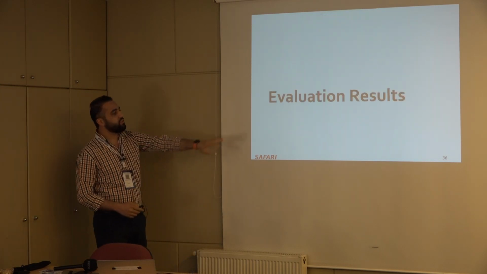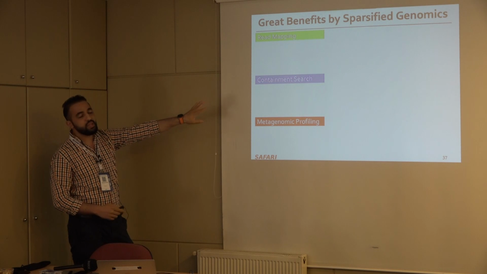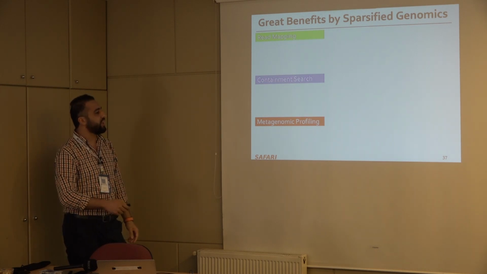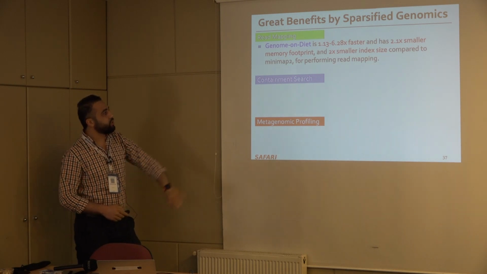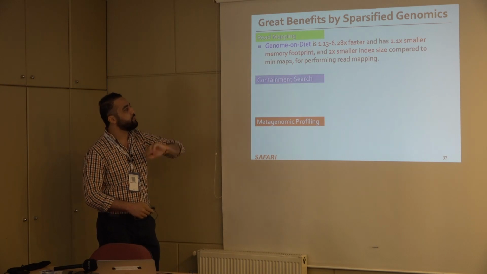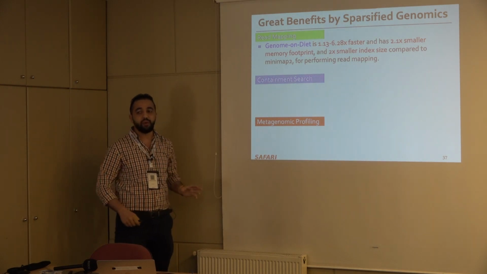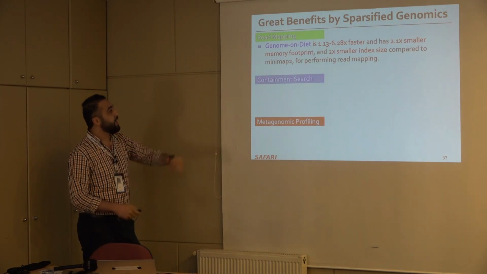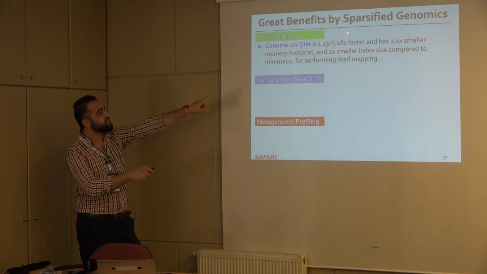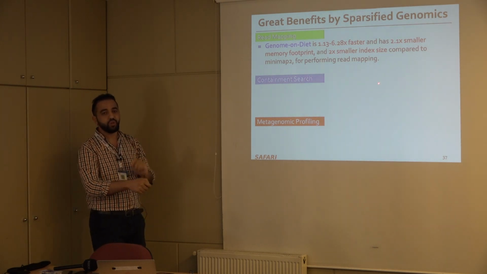All right, so we have other evaluation results. We evaluated 3 main applications: read mapping, containment search, and metagenomic profiling. You can check the paper for more results, but in read mapping, we provide up to 6x faster than Minimap2, which is state of the art, as well as a 2x smaller memory footprint and 2x smaller index size. That is when we use a pattern of 1, 0.